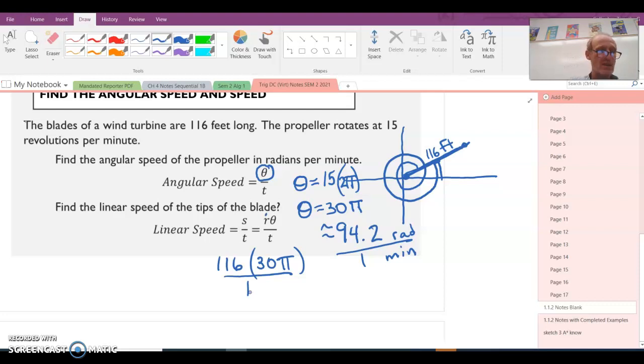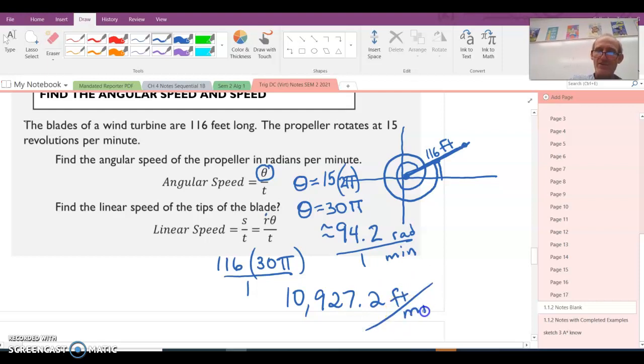So we're going to do 30 times 3.14 times 116, which is 10,927.2. Now that's feet per minute. All right, that's how fast that thing is going.